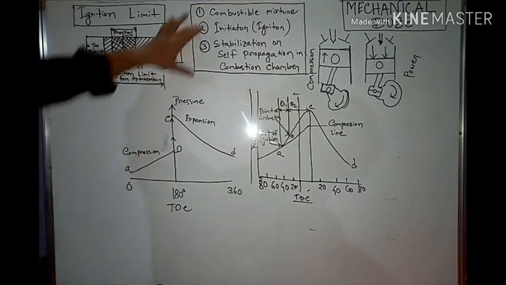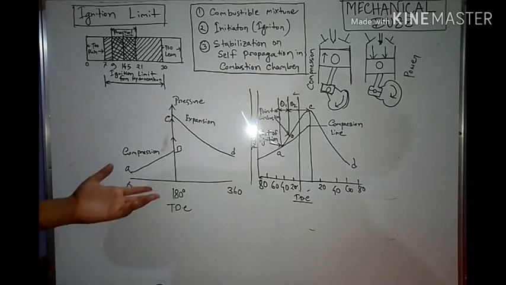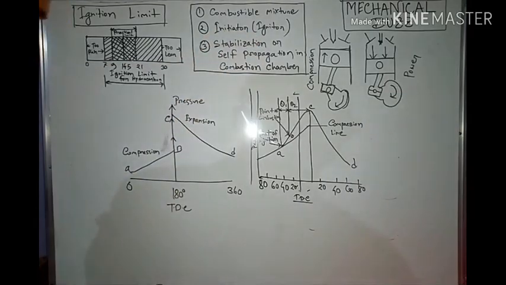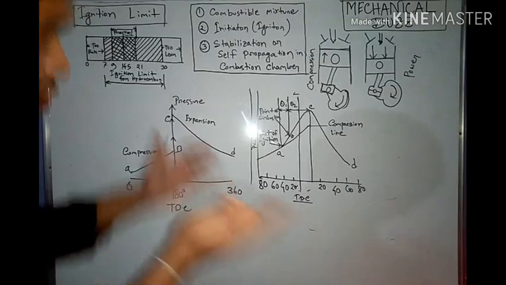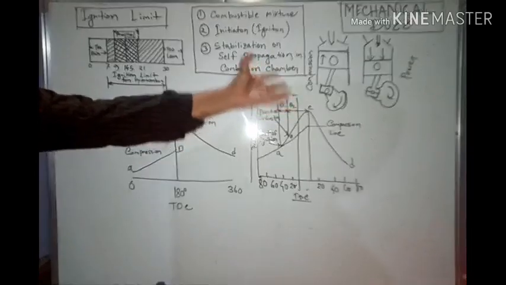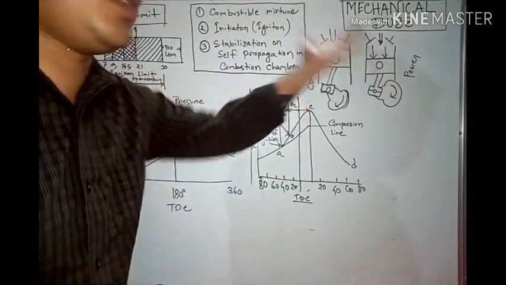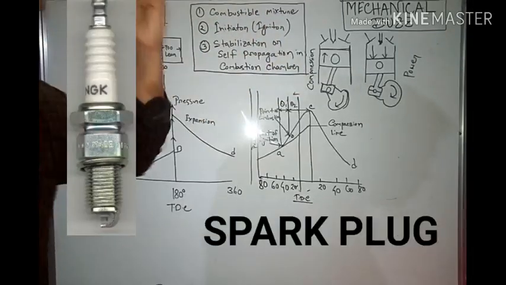So the first thing is the combustible mixture, and the second thing is the initiator or igniter. This is very important, as portrayed on your video screen. We talked about the spark plug last time, because the combustion needs to happen before or during the power stroke, so you need a spark, and the spark comes out of the spark plug.